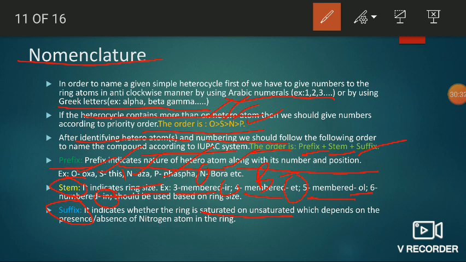Here the saturation or unsaturation generally depends on the presence or absence of a nitrogen heteroatom in the ring. Okay, these are the rules we should follow in order to name a particular heterocyclic compound. Okay, fine.